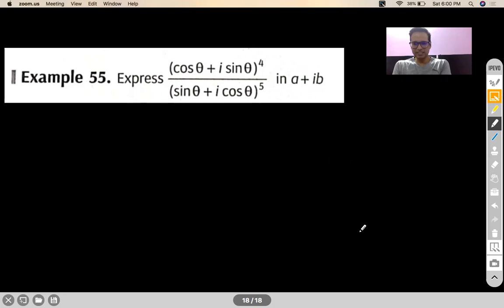Sorry for the inconvenience, but let's do this problem and then go back. De Moivre's theorem is very important, so please take it very, very seriously.